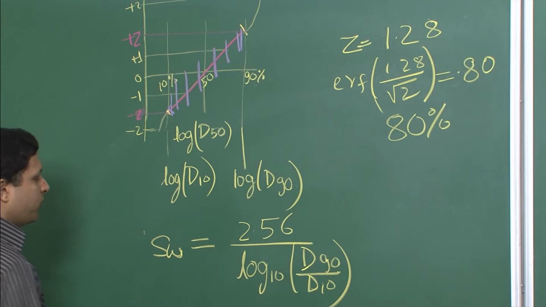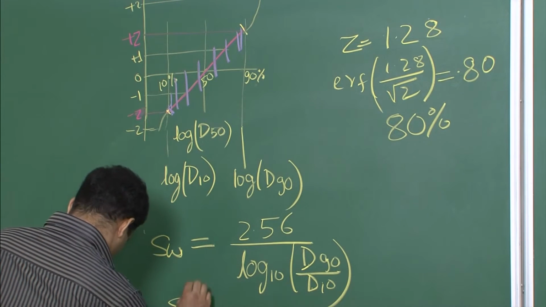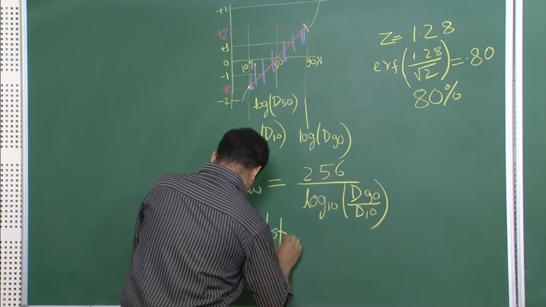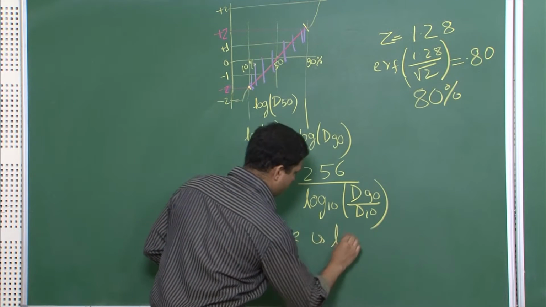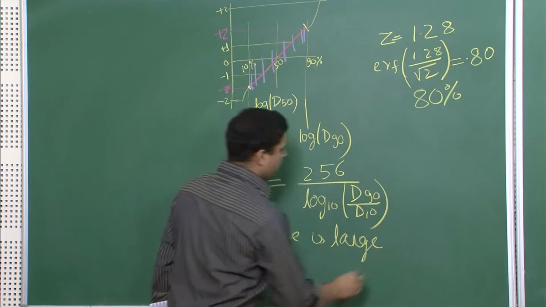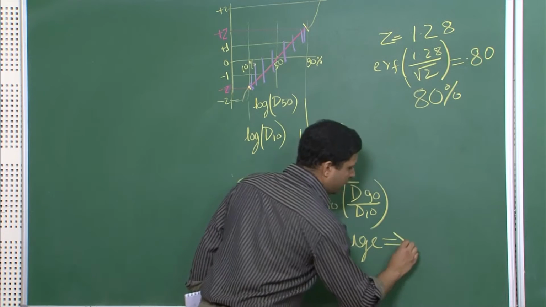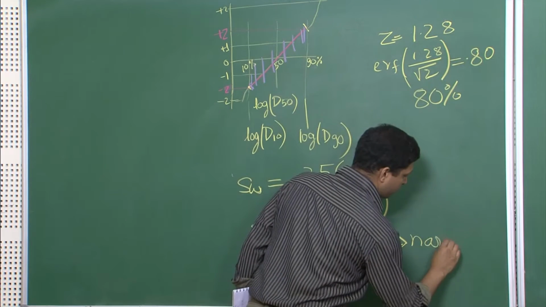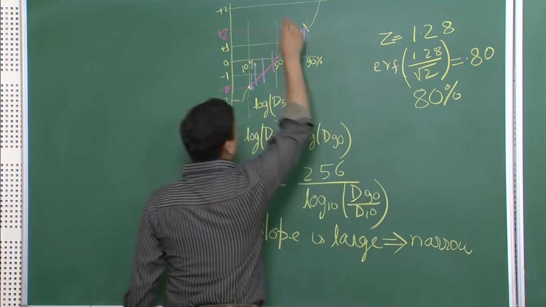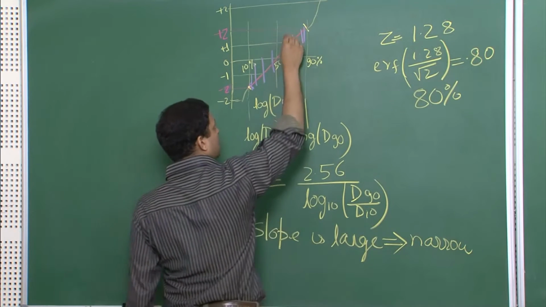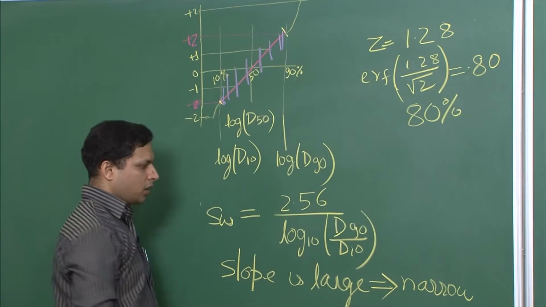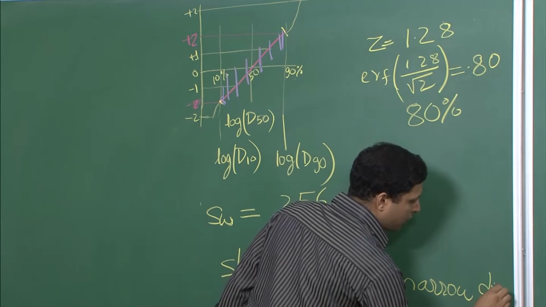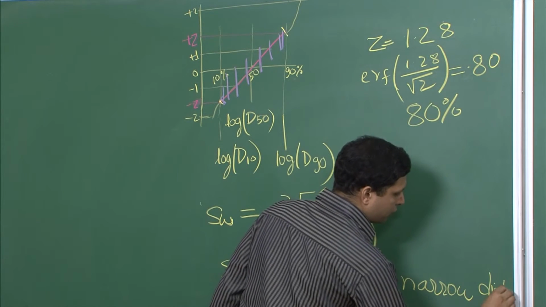Now, when this slope is very large, what does it imply? It will imply narrow distribution, meaning this line becomes very vertical. Then we have a narrow distribution, something like a monodisperse distribution.